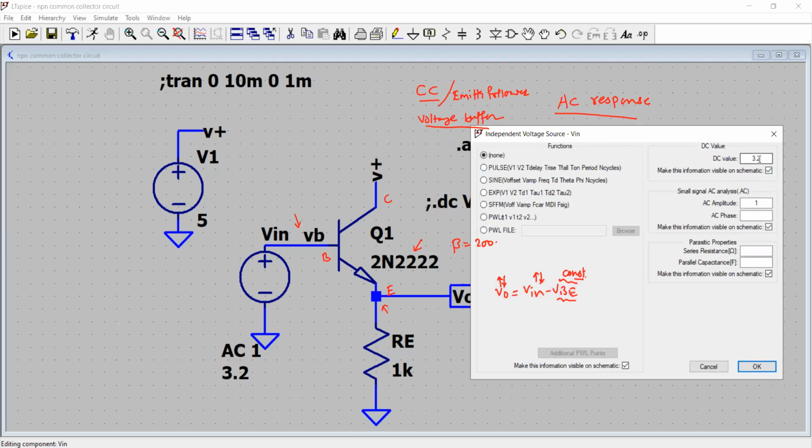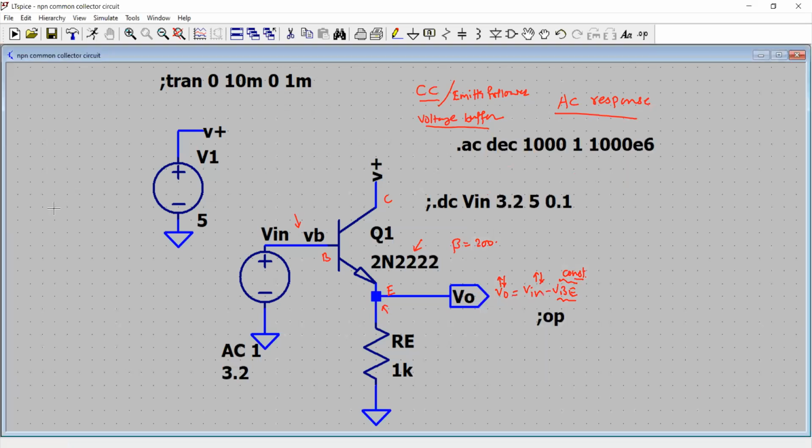The DC value has been set to 3.2 volts so that I have biased my transistor in the active region. For the AC analysis, I'm using the small signal AC analysis, and the AC amplitude I'm setting to 1.